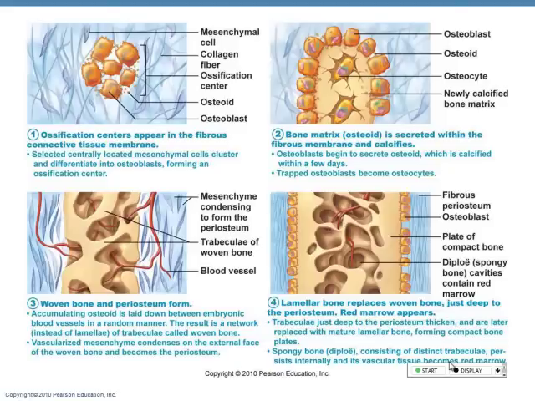So this diagram here is a diagram that describes something called what? Anybody? What is this process called? It's called ossification, but it's coming from a membrane. So what do we call it? Intramembranous ossification. You can see it on page 185 in your textbook.